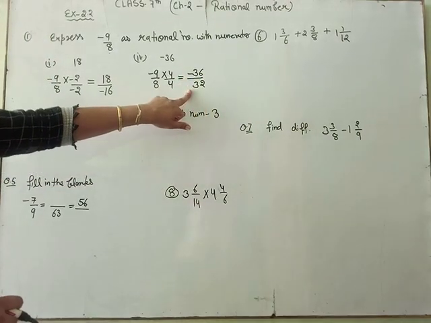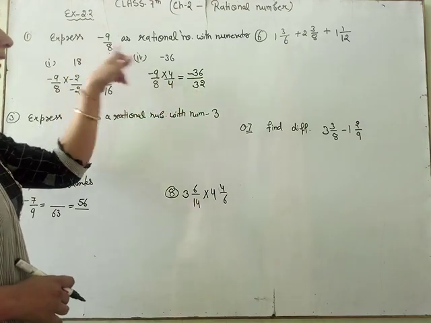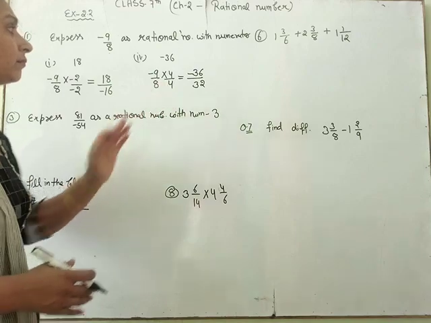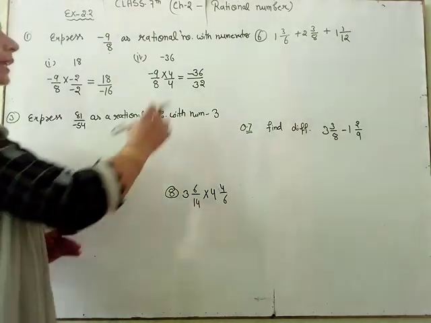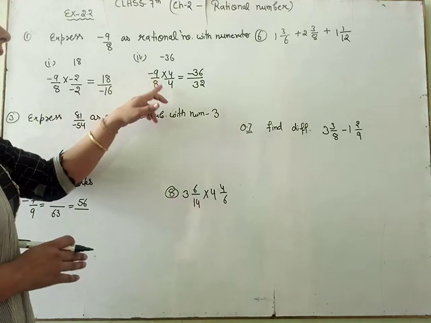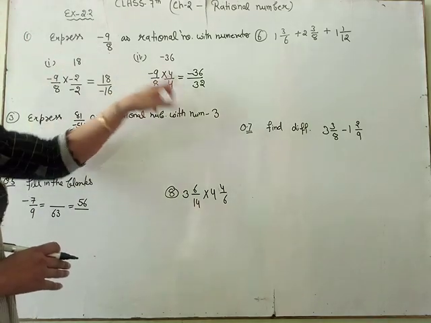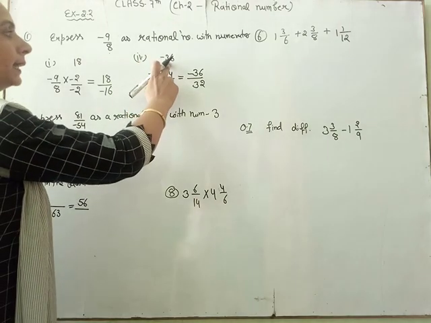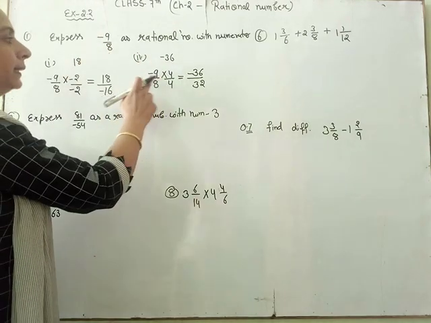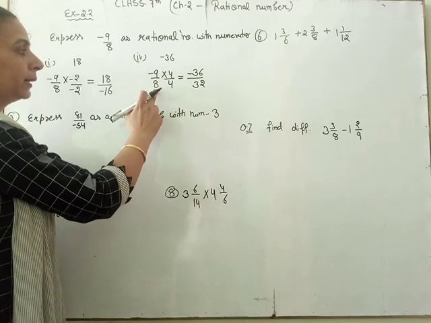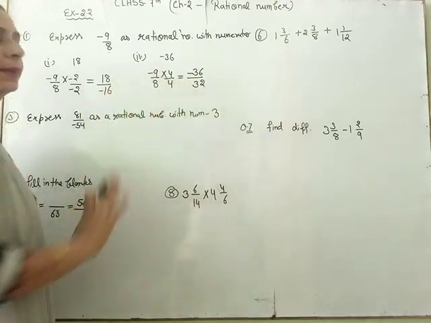Both rational numbers are equal. There is no change if we multiply or divide the numerator and denominator by the same number; both are the same rational number.